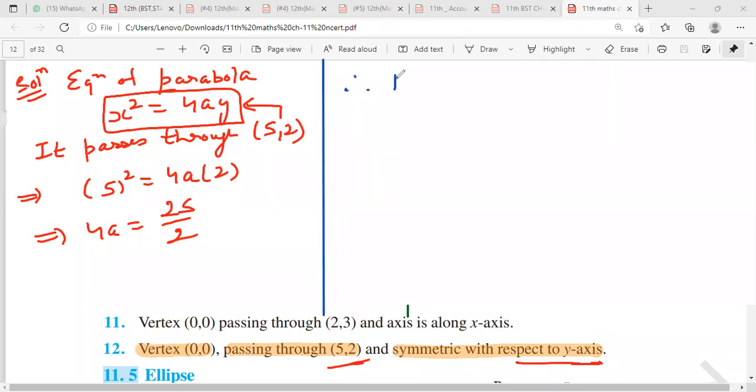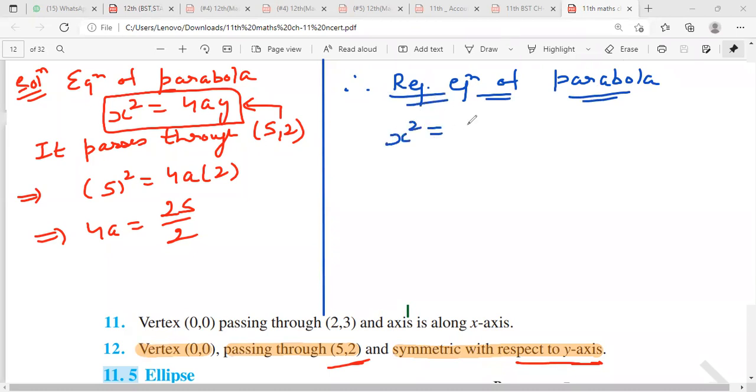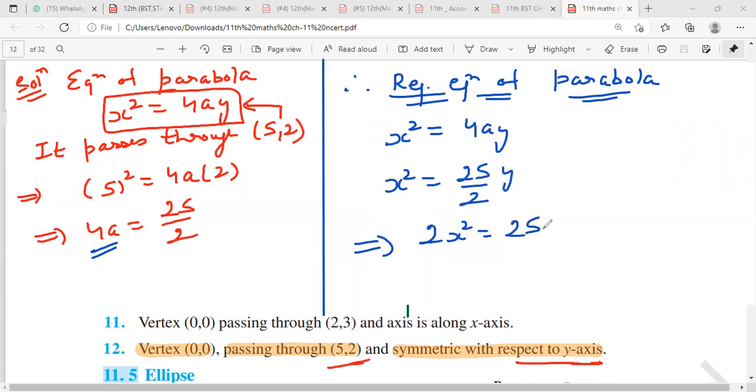Therefore, required equation of parabola, that is x square is equal to 4ay. So x square is equal to, in place of 4a, we will put 25 by 2, into y. So the required equation is 2x square is equal to 25y. So this is the solution of question number 12. And we have completed this exercise.